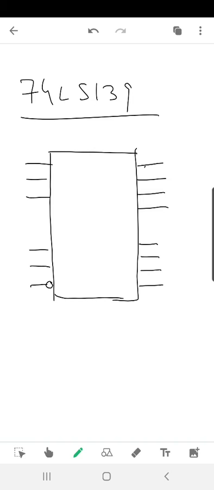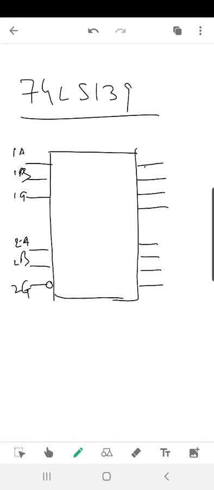Okay, so the numbering of these pins is like this. This is 1A, this is 1B, and this is 1G. Similarly, we have 2A, 2B and 2G.